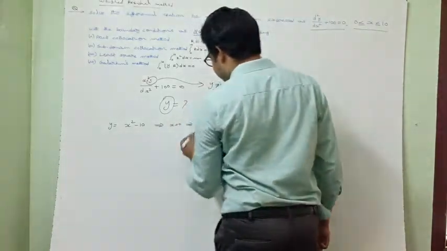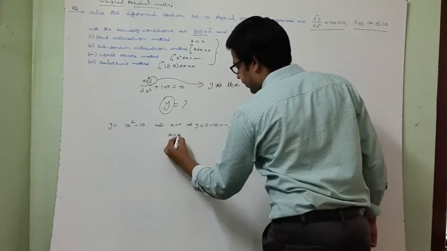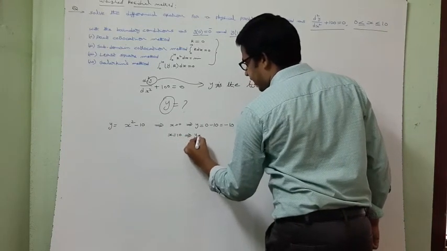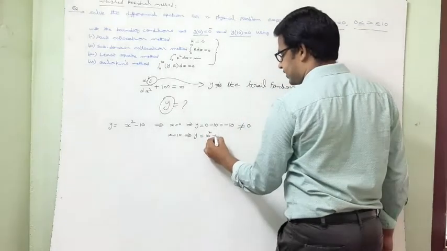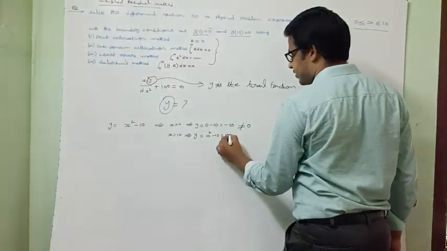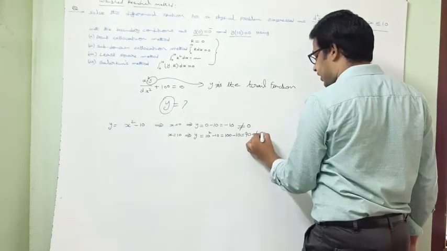Now substitute x = 10. Then y = 10² − 10 = 100 − 10 = 90, which is also not equal to 0.